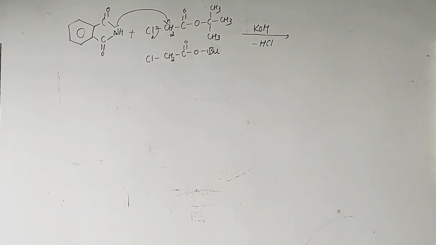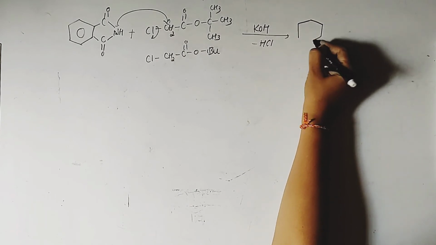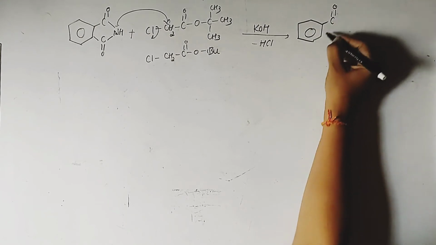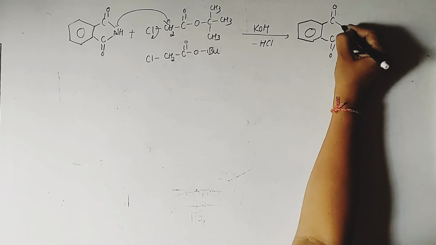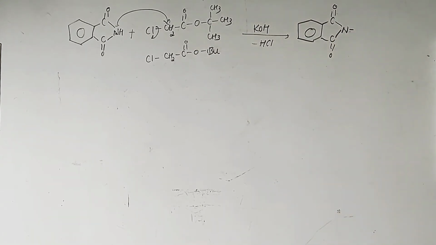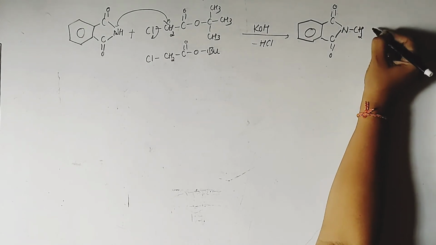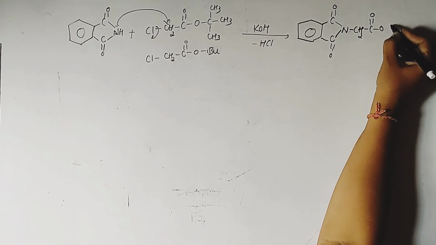So the remaining structure that we have is CO, and here also CO, that leads to the formation of the bond between nitrogen and carbon, CH2, and this is COO butyl group.